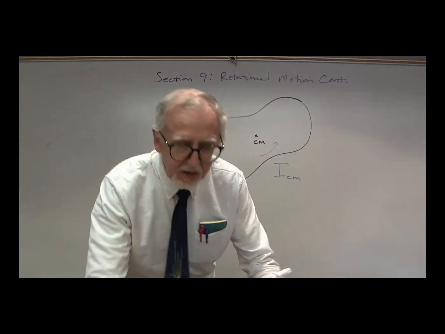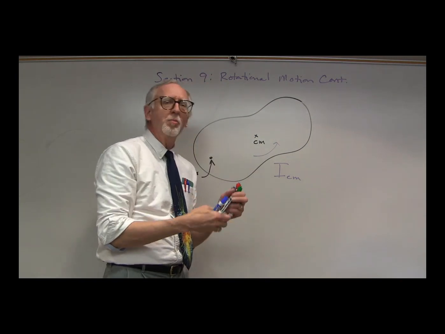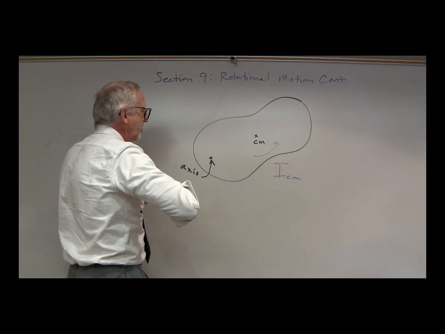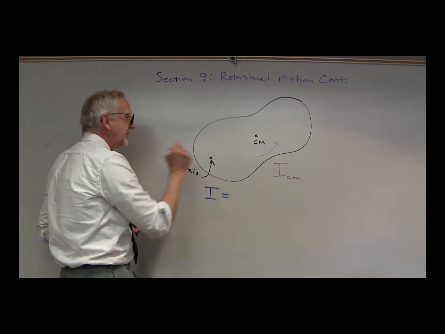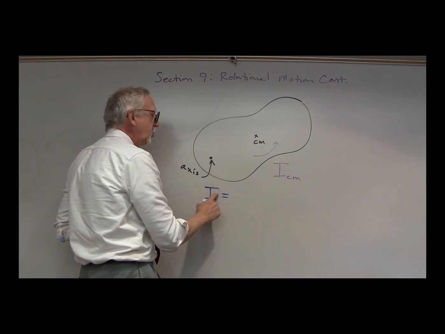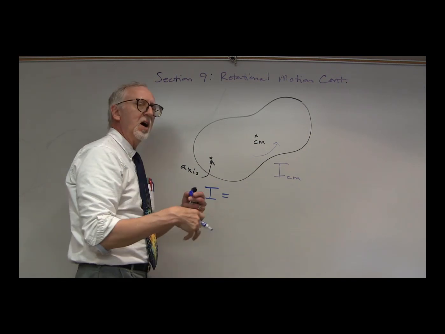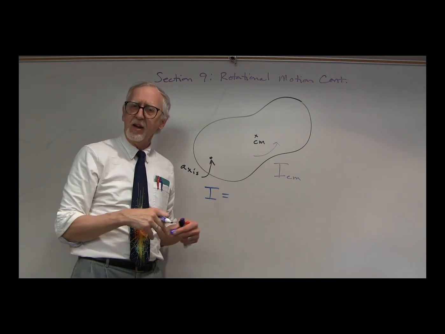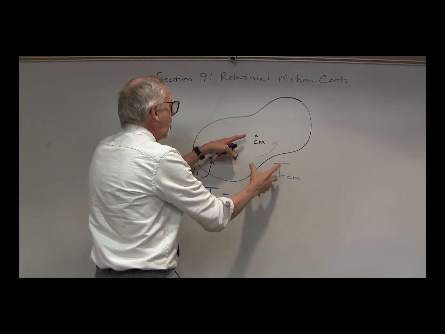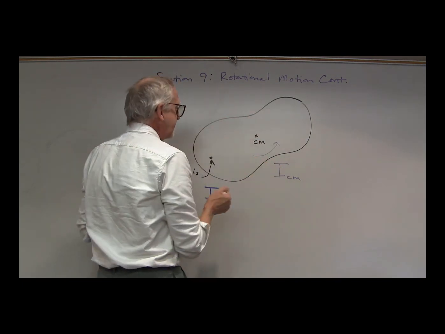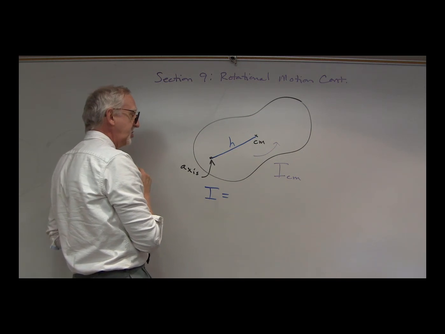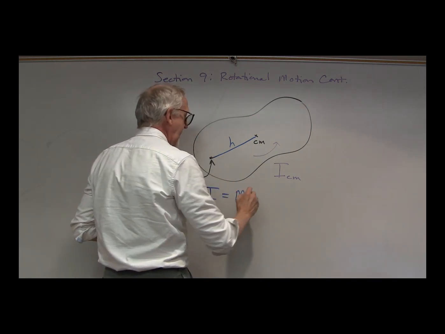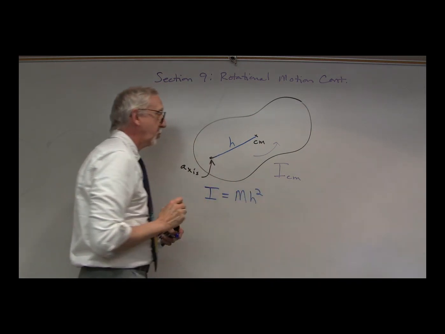So it turns out, and again I said we won't prove this, that the moment of inertia about this axis is equal to the moments of inertia of those two other rotational motions. First, of the whole thing moving around like this, which corresponds to, let's imagine this is some distance h, the total mass times h squared.